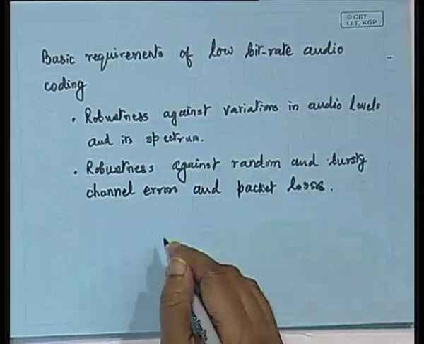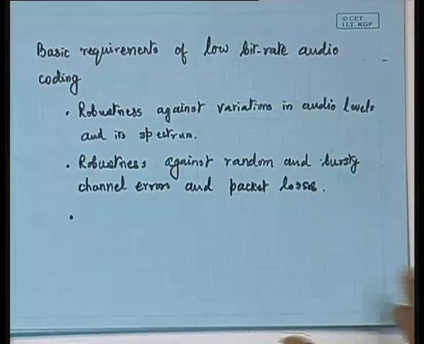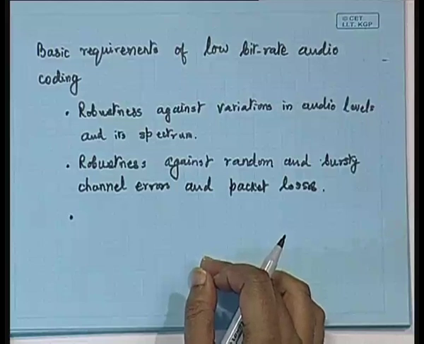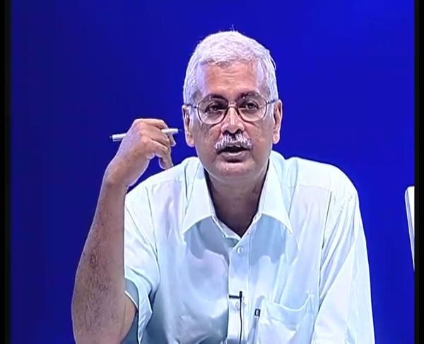Then obviously, the delays in the encoding and the decoding process should be minimum. Why? Because when we are going in for some conversational applications, some multi-party conversation is going on, then it cannot happen that one party is getting the audio signal considerably delayed with respect to the other parties, because if that is the case, there will not be any coherence.